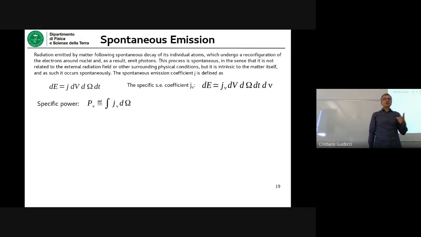So it's just the integral in d omega of J nu. Specific power, why? Energy per unit time, so it's a power. It depends on frequency, so in order to have power, you have to multiply by d nu. And mind that this case is also per unit volume.